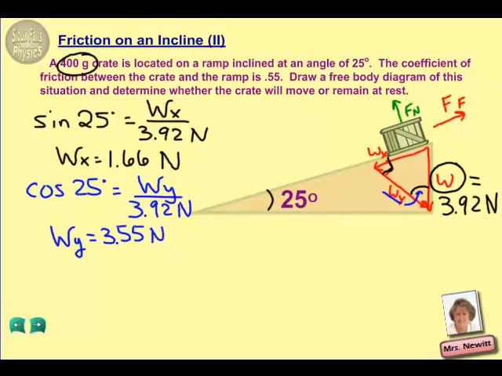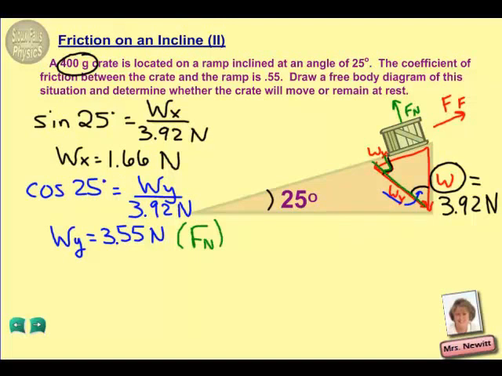Now, why do we need both of these? Well, remember that it is this component here, this component that is perpendicular to our ramp, that tells us how much the normal force is. So once we have this 3.55 newtons, that would be the same as the normal force.